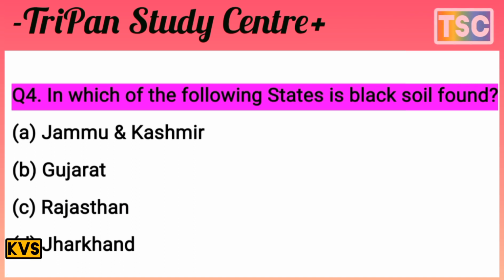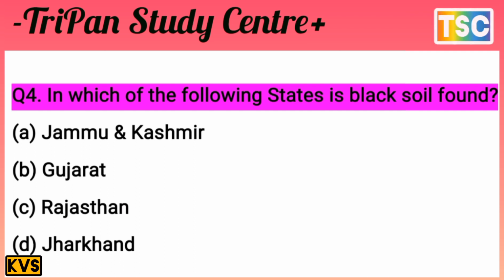Let's see what our answer is. In which of the following states is black soil found? Jammu and Kashmir, there is no black soil found here. Rajasthan is a desert area, and Jharkhand also has no black soil.